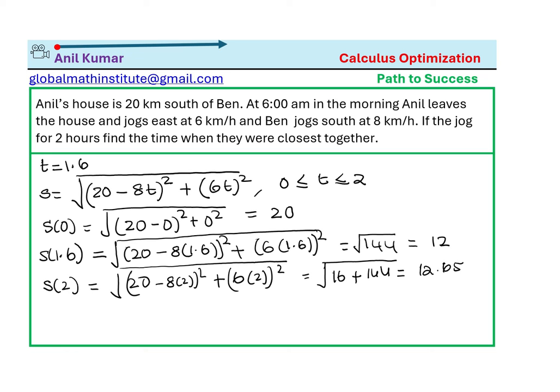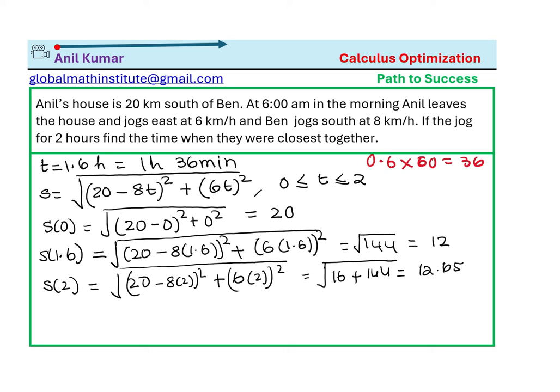So, definitely from here, what you notice is that the minimum distance is at 1.6, right? So 1.6 hours. So, what will be the time in this case? 1.6 hours means 1 hour, and 0.6 means 36 minutes, right? 0.6 into 60.